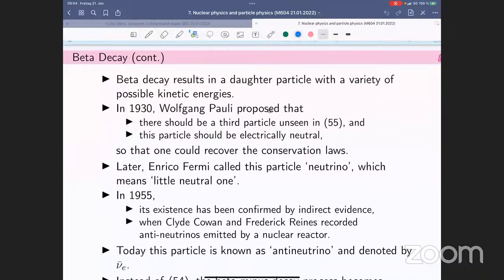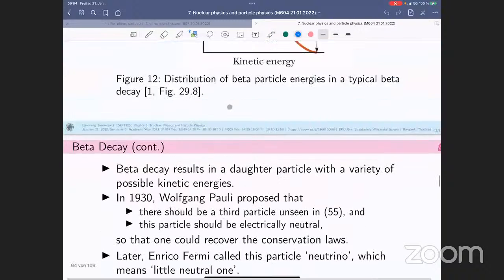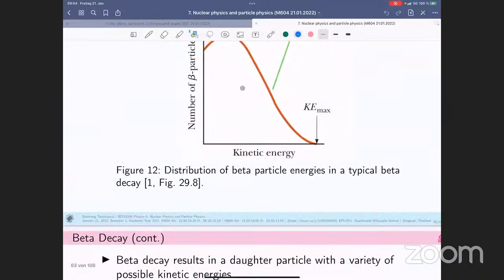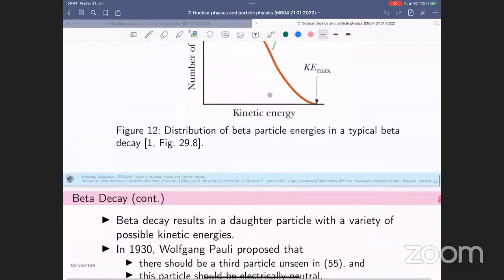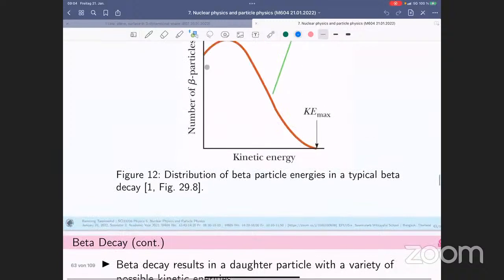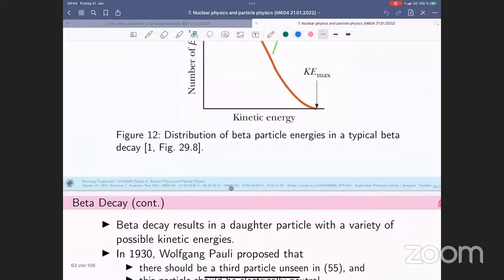Beta decay results in a daughter particle with a variety of possible kinetic energy. As you can see here, it's continuous. So it would not be only the electron. The energy we got here would not be due to the electron only.